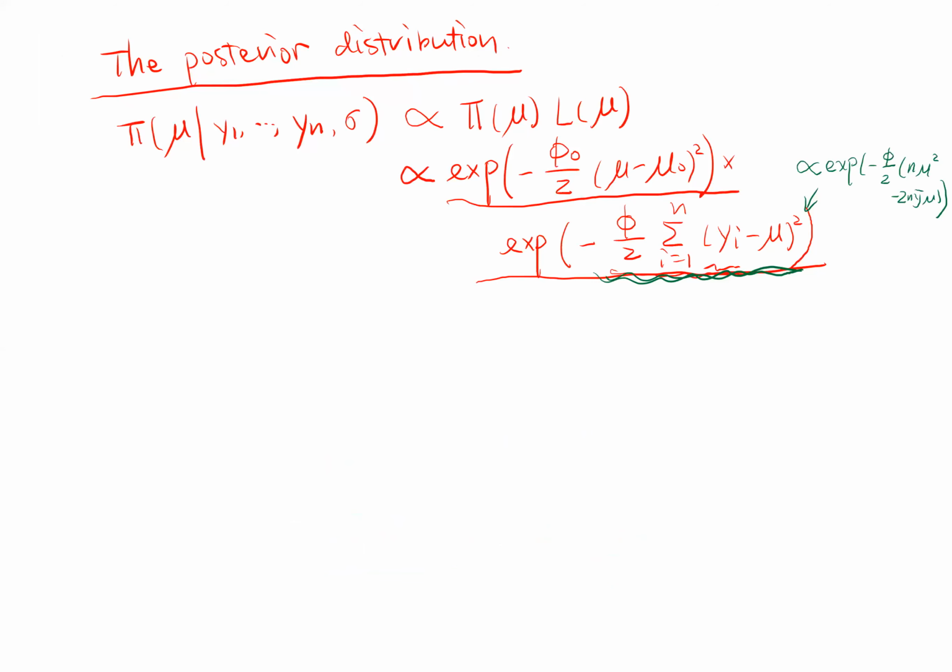I will stop talking for a little bit. Try to do that, and you will start to recognize that for both exponent terms, you have something about mu squared and something about mu. If you combine those terms, you might be able to recognize what the distribution is. I'm going to pause for a few minutes. Take your time.